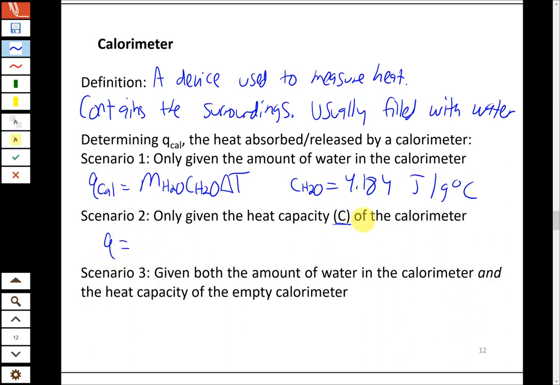And this heat capacity here is going to be in units typically of joules or kilojoules per degree Celsius. It's not a specific heat, it's not per mass of substance or anything like that. It's just a total heat capacity for the whole thing, whatever's in there. And so in that case, the heat is just a product of those two terms, C calorimeter delta T. So this would, in some sense, be the easiest situation because you're only multiplying two things together to get the heat for the calorimeter.